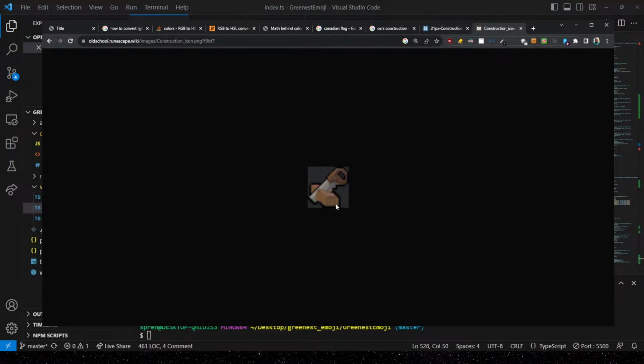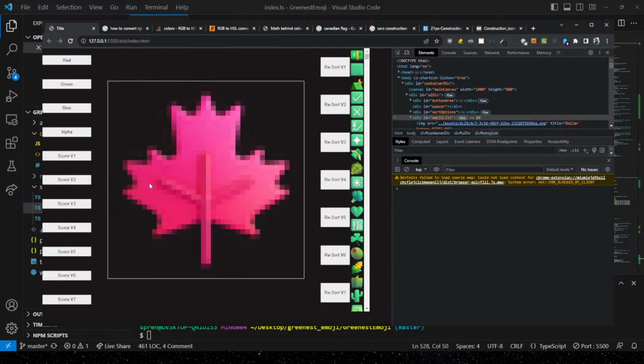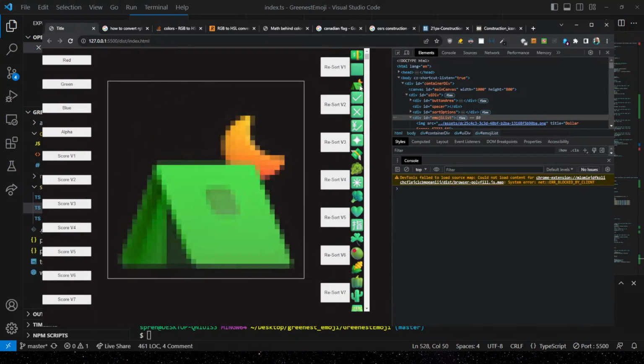Chrome is doing that thing where it tries to smooth the low resolution image. But I do see it. So we can do this cute thing.